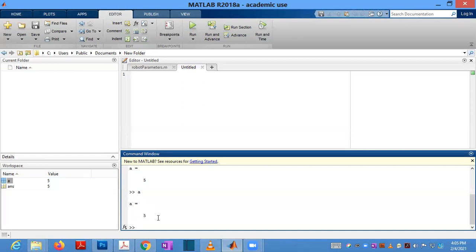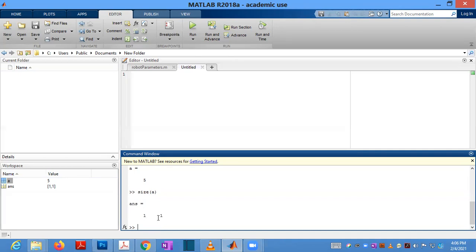Actually, MATLAB is a matrix laboratory, so whatever you enter is taken as a matrix. If you enter a is equal to 5, it is taken as a 1 cross 1 matrix. You can use size of a to get the size, which is 1 cross 1.